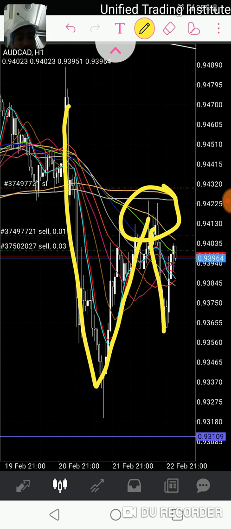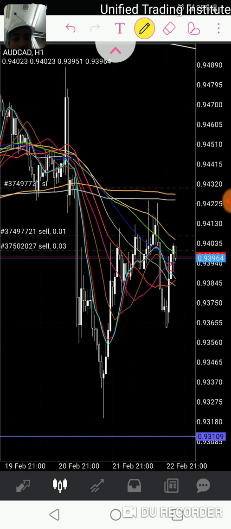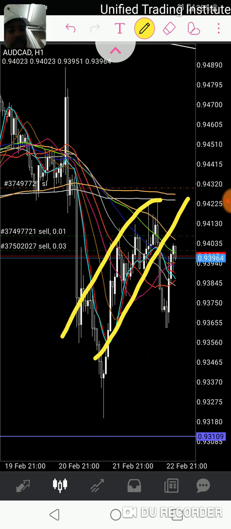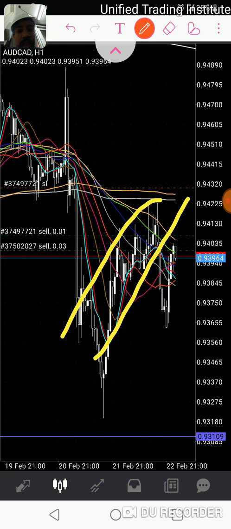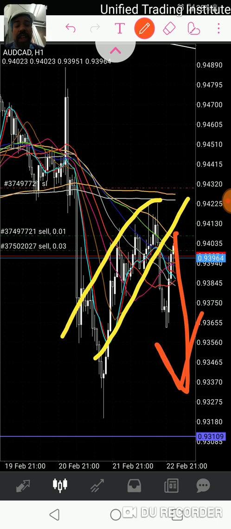Then we came up again to retest that. This was a small uptrend, and that uptrend, that retracement, needs to be retested before it falls back down. That level is now being retested to break down to the downside.